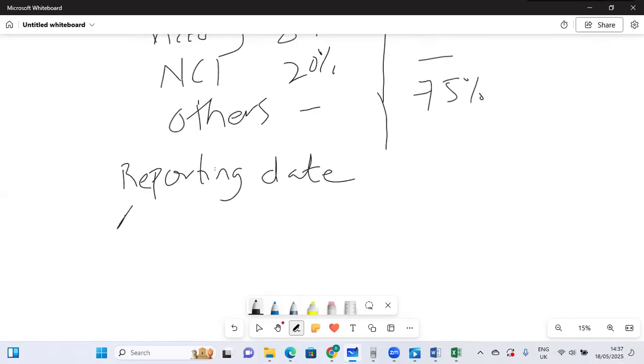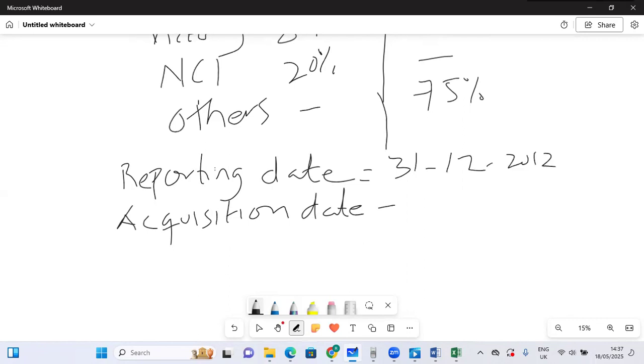Or you can just start with the acquisition and then reporting, they are the same. So the reporting is 31st December, right? And then the acquisition is 1st January.